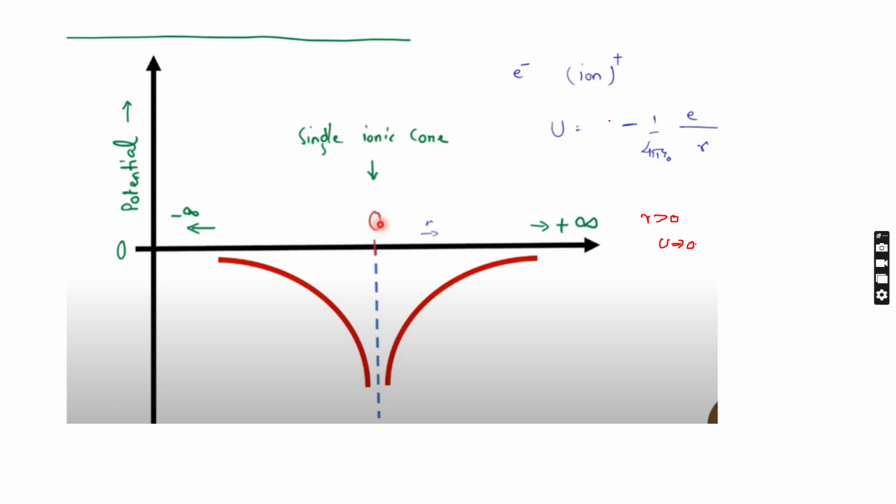So if you see from this formula, what will happen if the electron is far from the ionic core? The value will tend towards 0, but still it is a negative value. When the electron moves towards the ionic core, the R value will reduce and come near to 0, so it will go to a larger value but still negative.